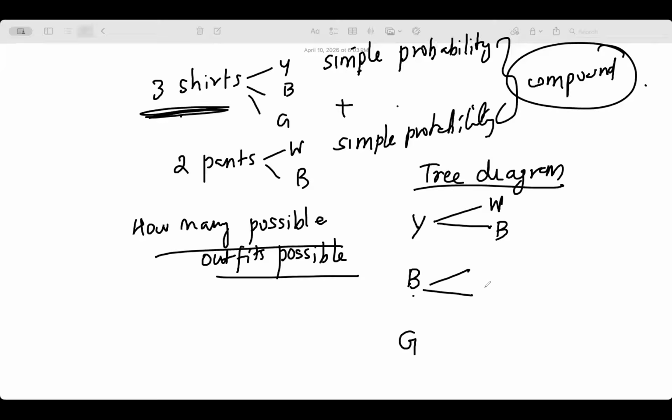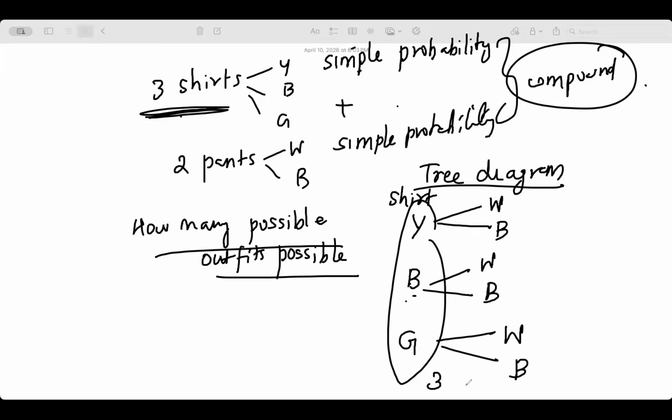Similarly, after choosing the blue shirt, I can choose the pant. Again, there are 2 possibilities. So it is 3 times 2, which is 6. Any questions? The size of the sample space is 6. Can I move on?